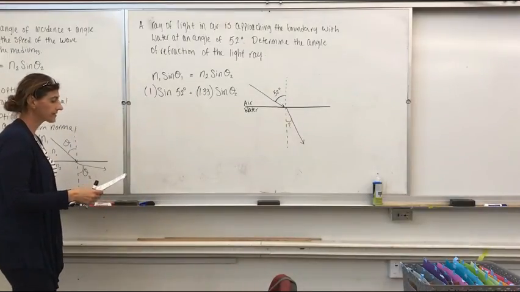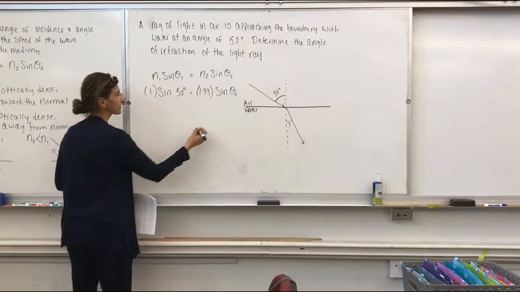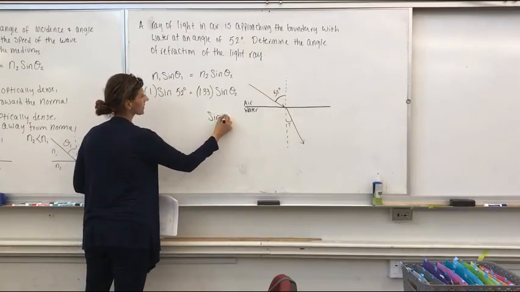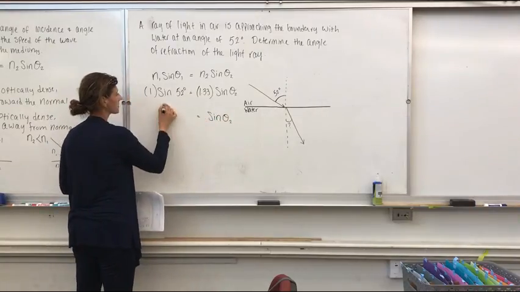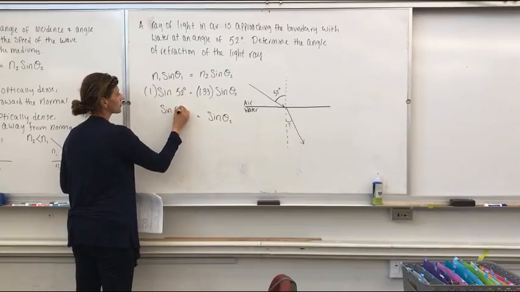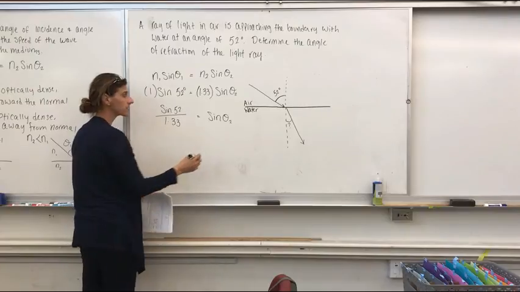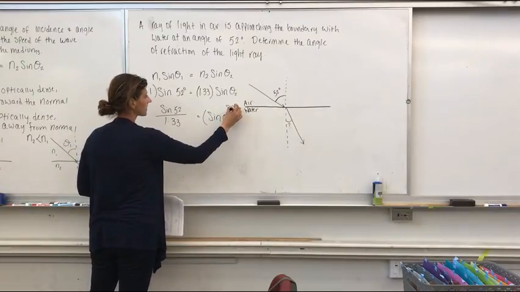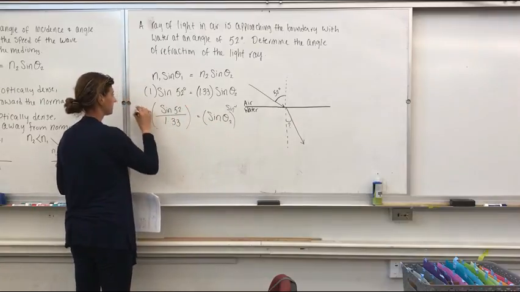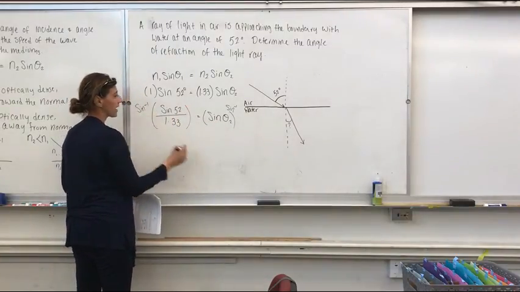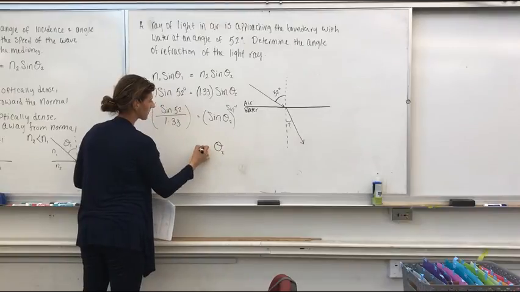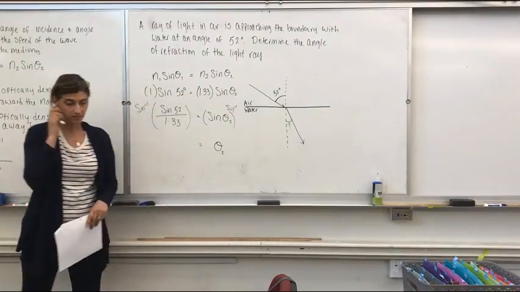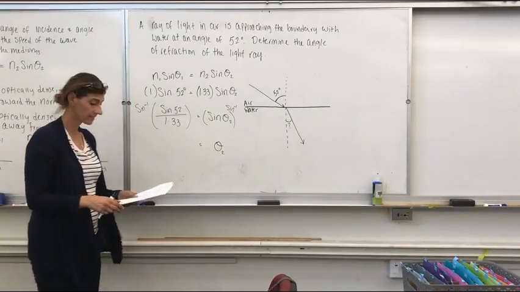When you do this math, you get sine theta 2 equals sine 52 over 1.33, and then you have to take the inverse sine of this to actually find theta. So go ahead and pause the video here and do that on your calculators.